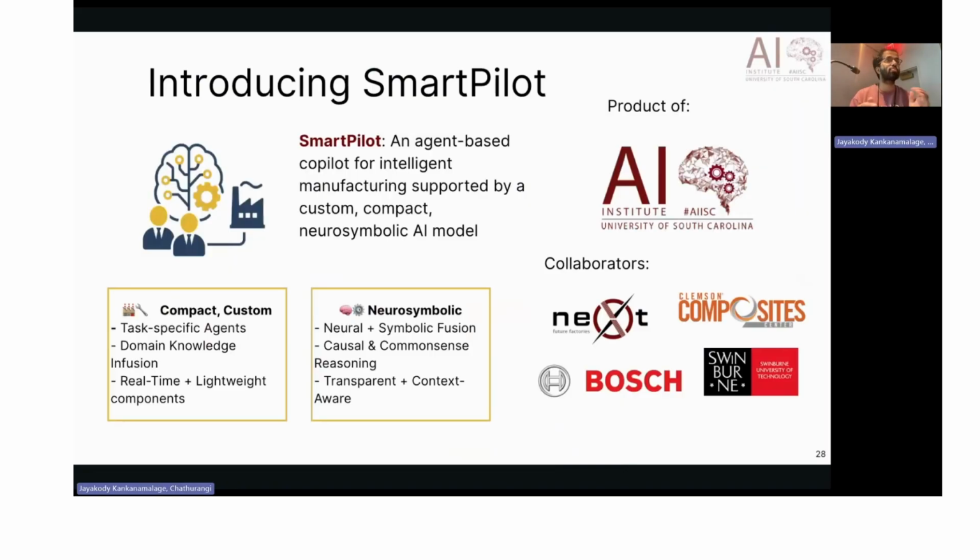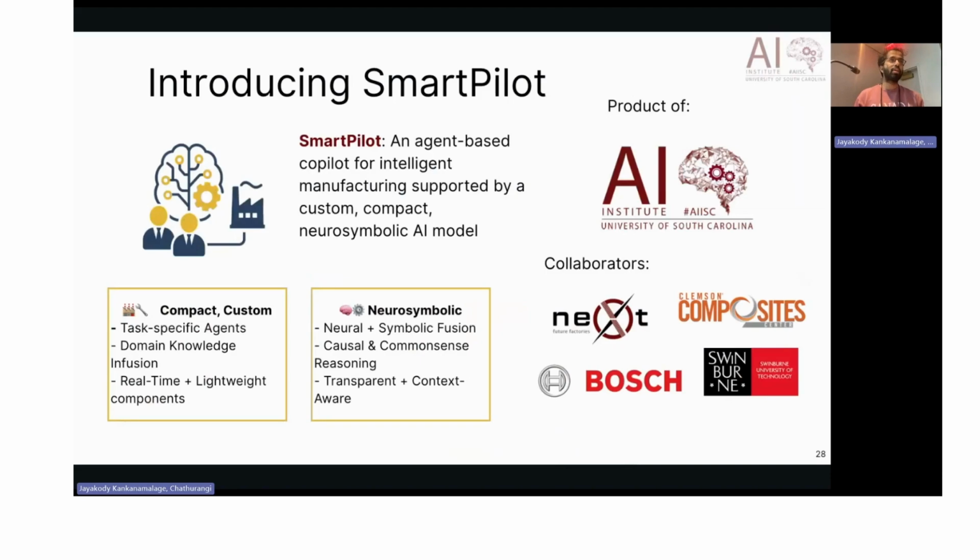It's specialized to perform certain tasks. In our case, it's manufacturing. So there are certain tasks for manufacturing that we tackle, and those are the tasks that we are solving through SmartPilot. Compact means it is very real time and lightweight, so that we can put it on an edge device. It's not using large language models. It doesn't need billions of parameters.